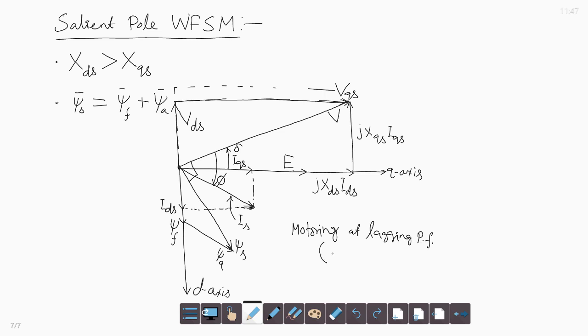Because it is lagging power factor, psi s is greater than psi f, the underexcitation case.